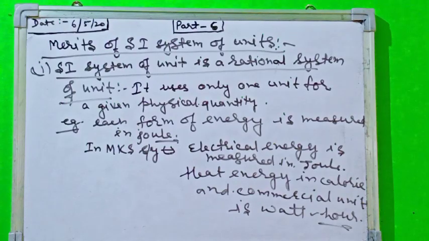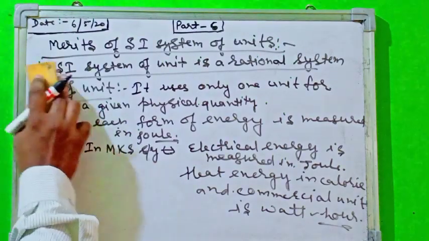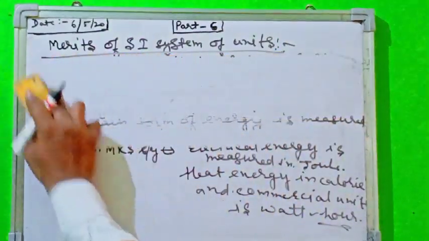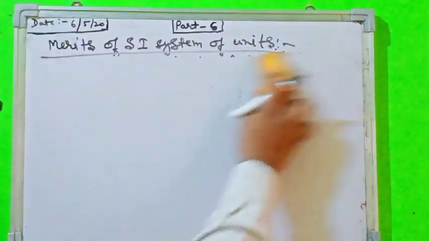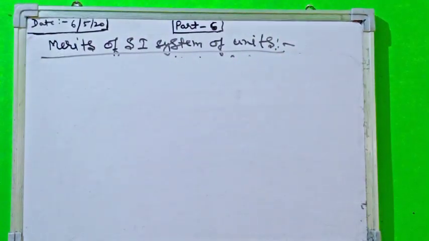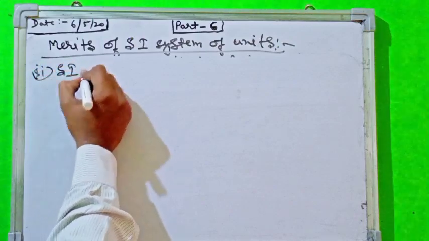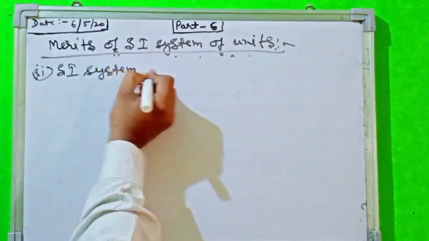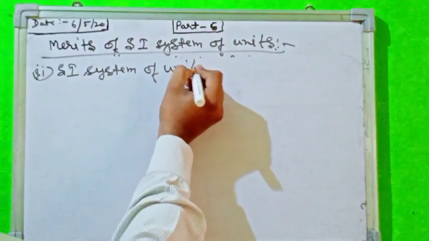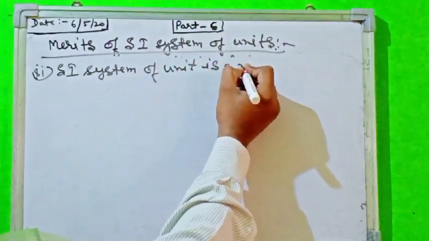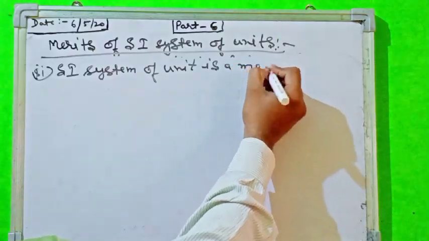Second one is, the SI system is a metric system. SI system of unit is a metric system of unit.